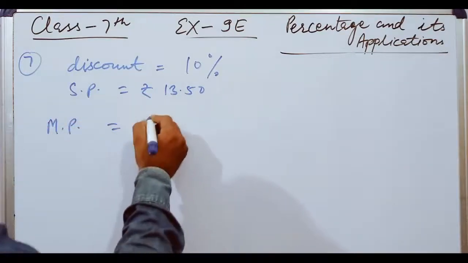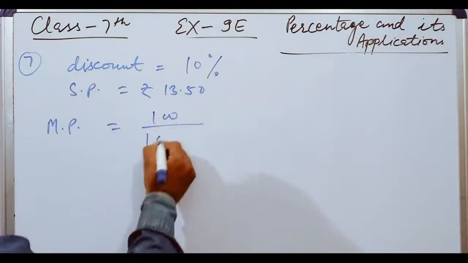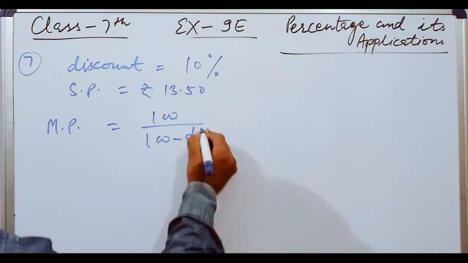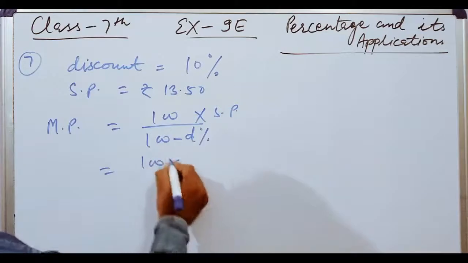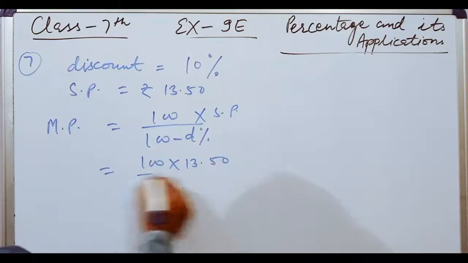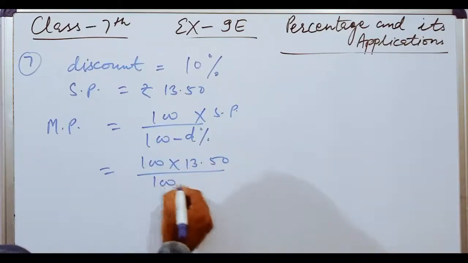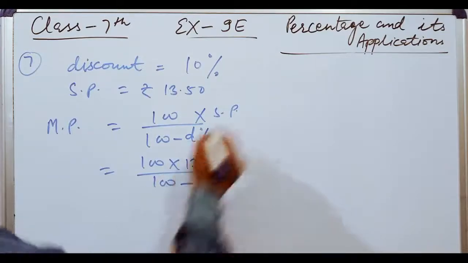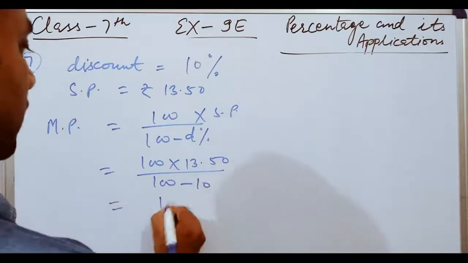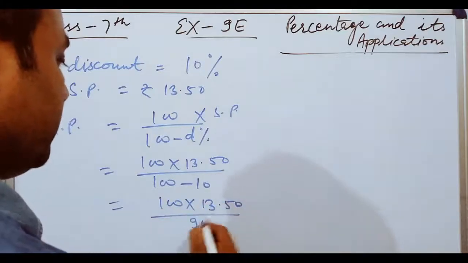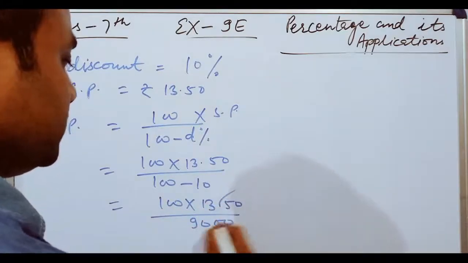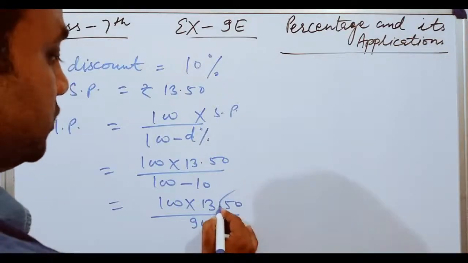MP equal to 100 upon 100 minus discount percent into SP. 100 into 13.50 upon 100 minus 10, equal to 100 into 13.50 upon 90, zeros cancel.